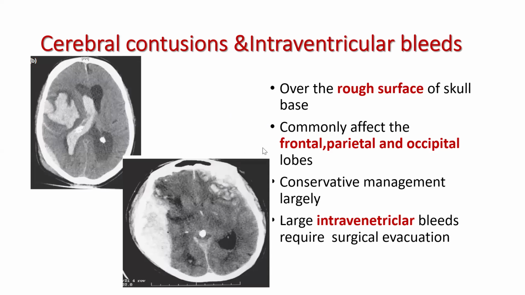Concussion. So for a contusion, Dr. John, yes, sorry. How can I differentiate in the CT scan brain contusion and subarachnoid hemorrhage? They look the same way in CT scan.